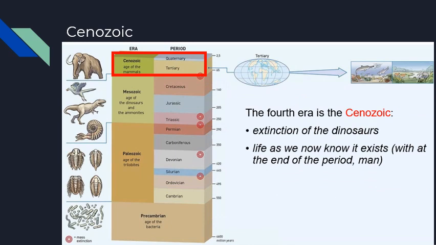And then we are at the last one, and that's the Cenozoic. And that's the era we are living in today. And during the Tertiary, the dinosaurs got extinct, and life as we know it now starts to emerge. It means that, for example, the first mammals came around, like us.